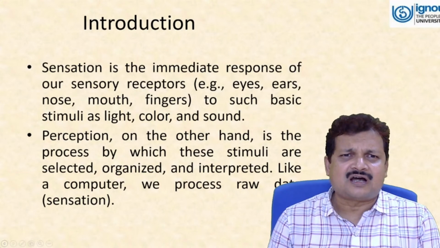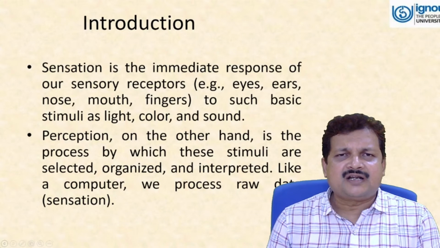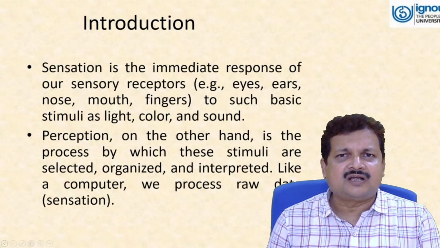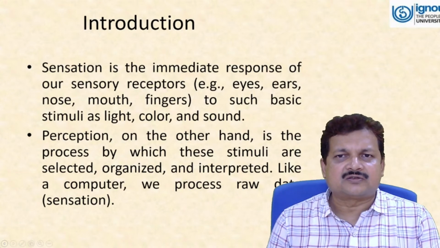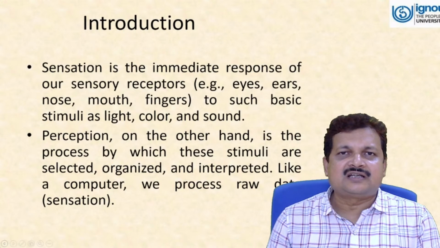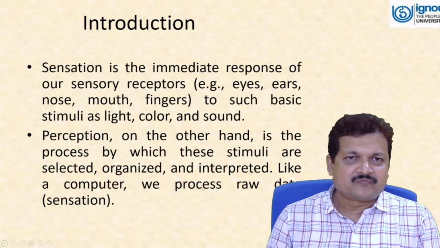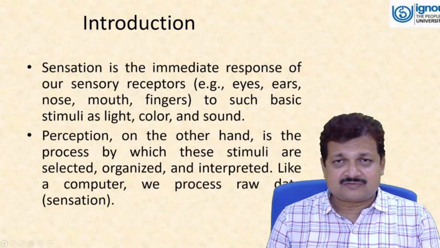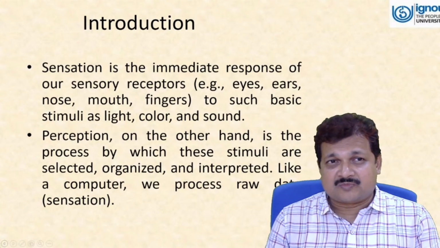The stimuli are bombarded from different sources, and when they affect one of our receptor organs like the eyes, ears, nose, mouth or fingers, some kind of response comes immediately. That response may be a reaction we give, or sometimes we give no reaction.